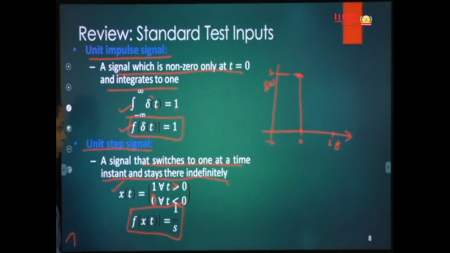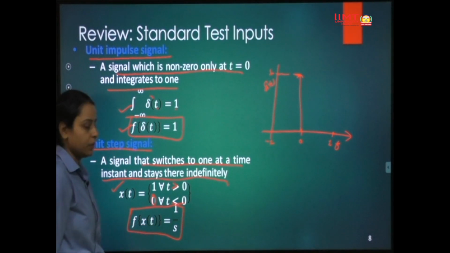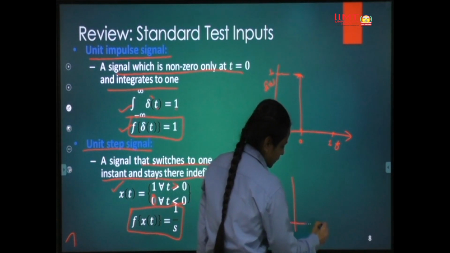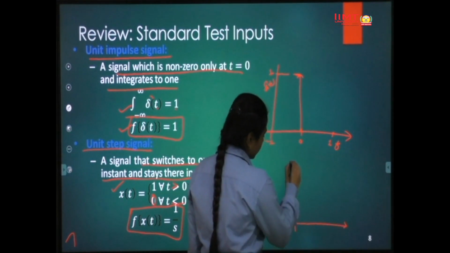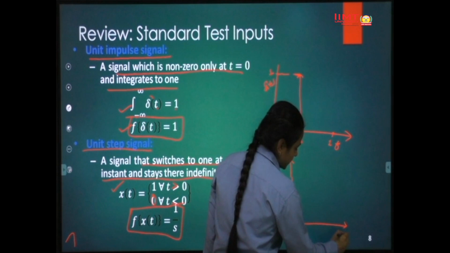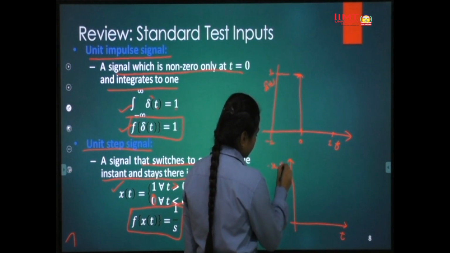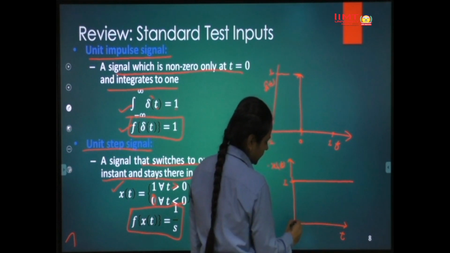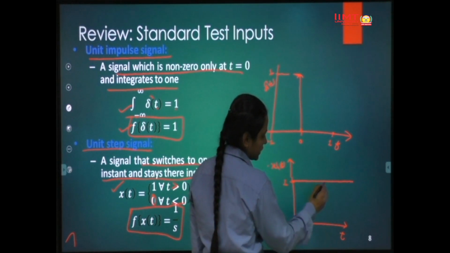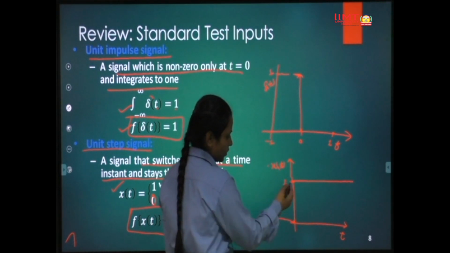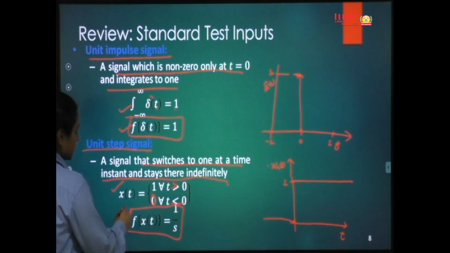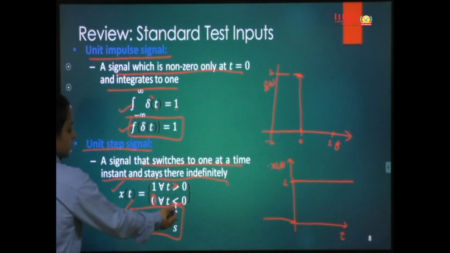Graphically, this is t and this is x(t), and this is 1. So for t greater than 0 it is 1 and for t less than 0 it is 0. So this is the unit step signal and its Laplace transform is 1 by s.